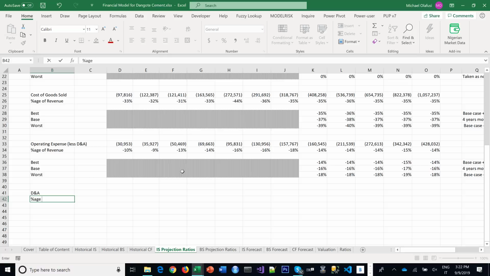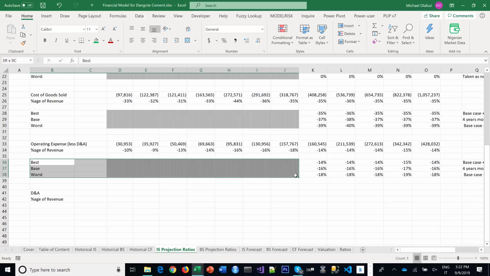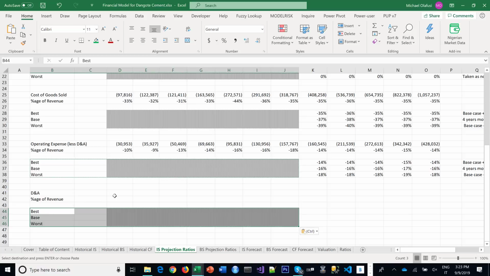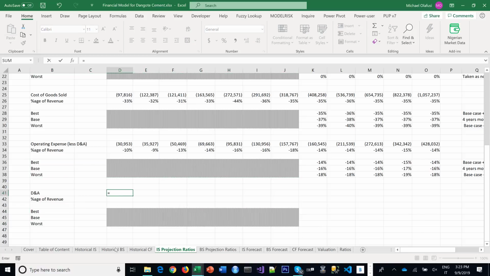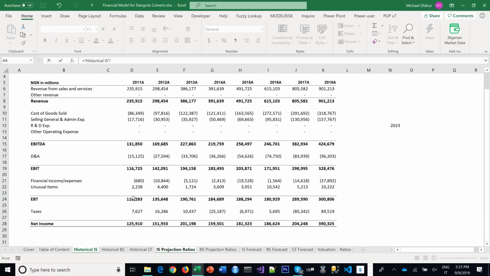So I'm going to use percentage of revenue, but like I did mention, it's always more accurate to use a schedule if you have access to the company's schedule or plan as regards capex and how they do their depreciation. All right, so without wasting too much time, I'm going to again copy all of these, paste here. I'm going to go and pick the historical, what they've been doing before now.